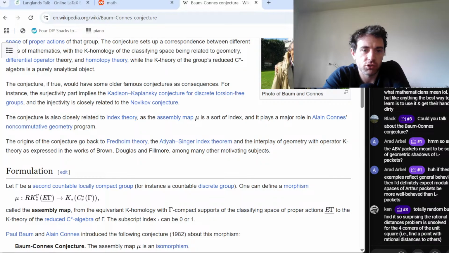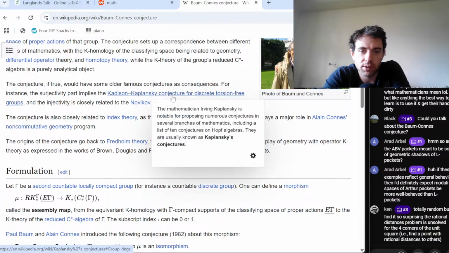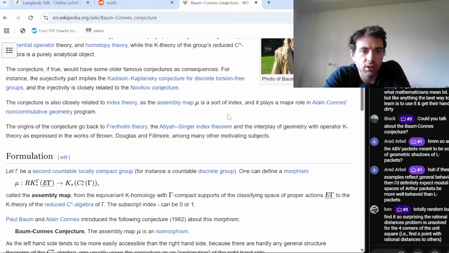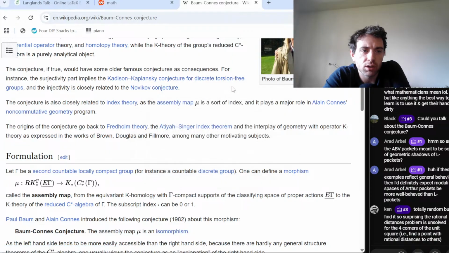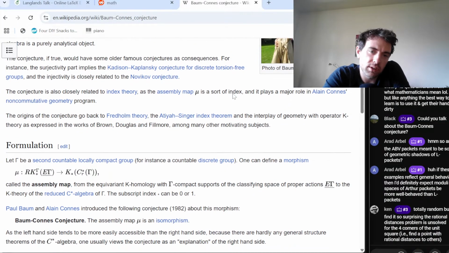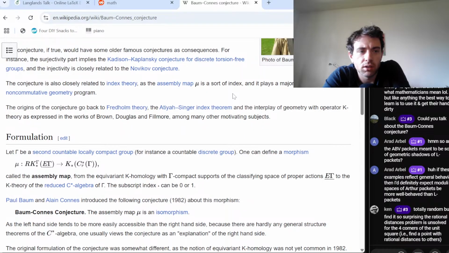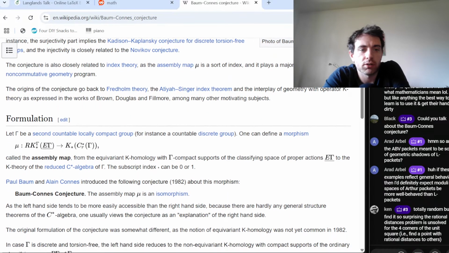For instance, the surjectivity part implies some other conjecture, and the injectivity is related to Novikov. Also, index theory plays a part in non-commutative geometry.